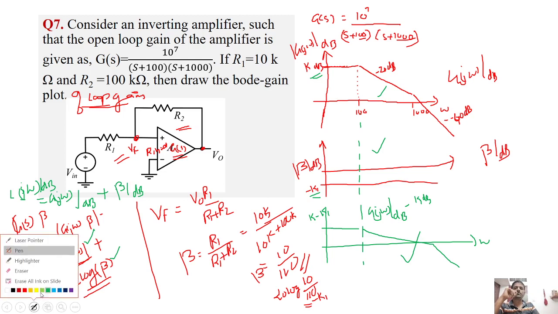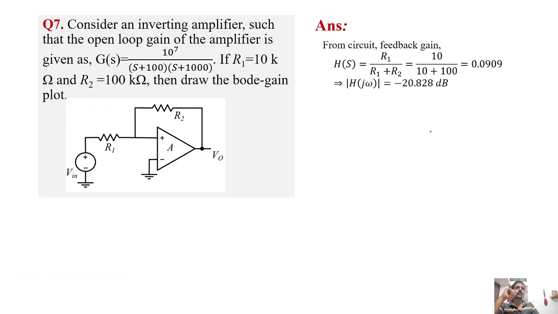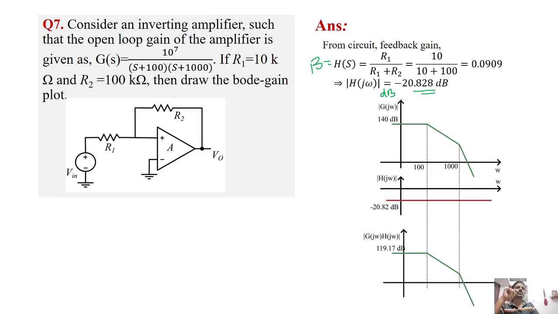Let me show that. Here, as I mentioned, from the circuit, H of s, that is beta, is R1 by R1 plus R2. On substituting, in dB it is minus 20.828 dB. Then I draw the Bode plot of G of j omega. I got some 140 dB, but I guess it is not 140.